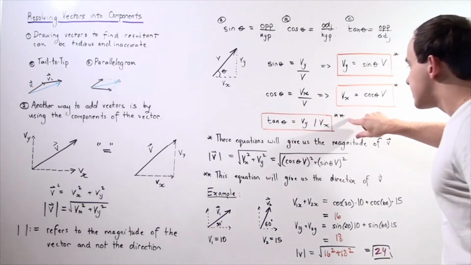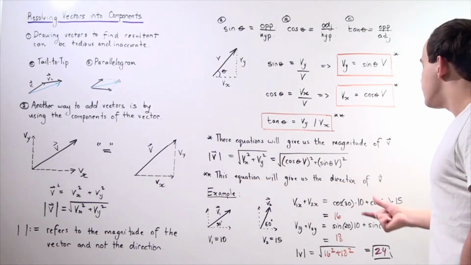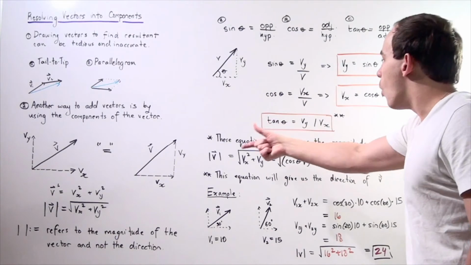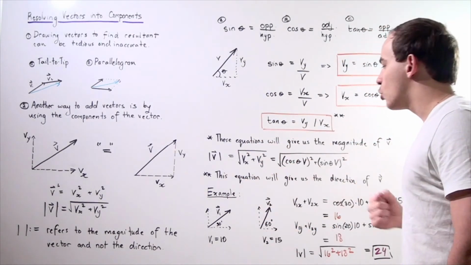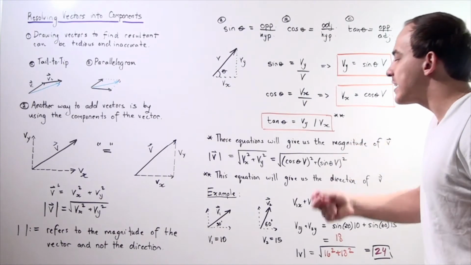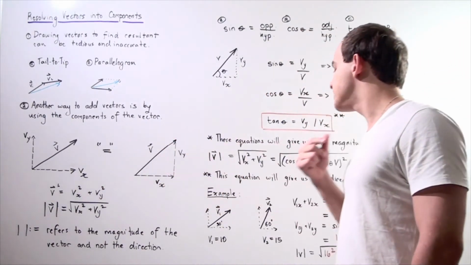This other equation will give us the direction of our vector. One of the equations gives us the magnitude, and the second gives us our direction. Remember, a vector has both direction as well as magnitude.